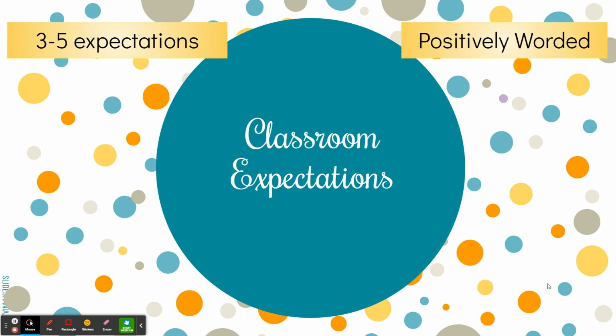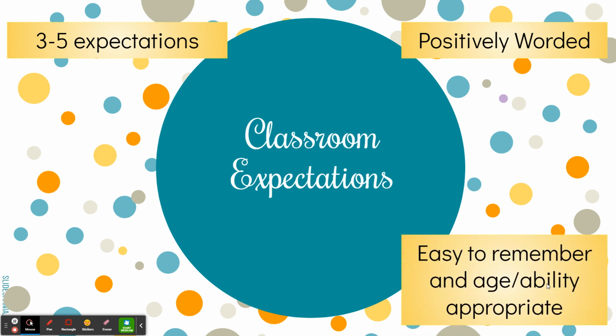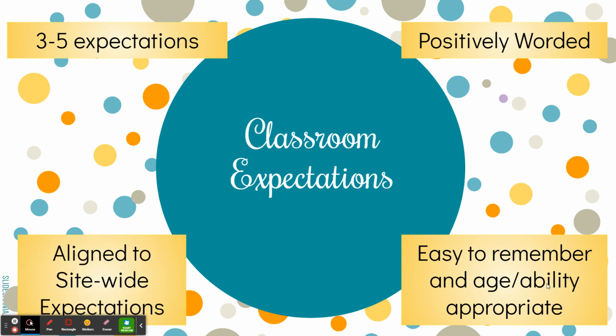Think about the interactions you want your students to have with one another and yourself. Think about the volume that you want your students to use for each of the activities you are doing. Think about the general feeling that you want your class to have and the feeling that you want your students to experience.